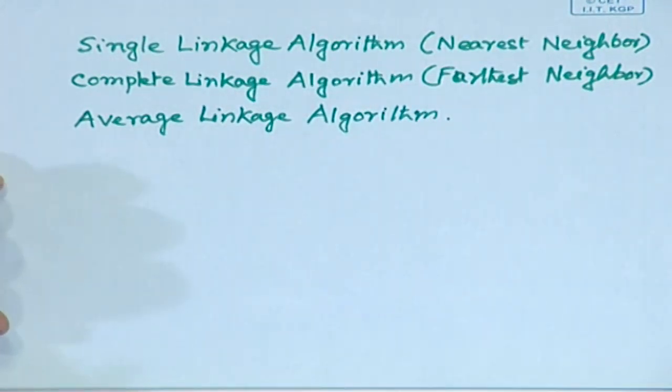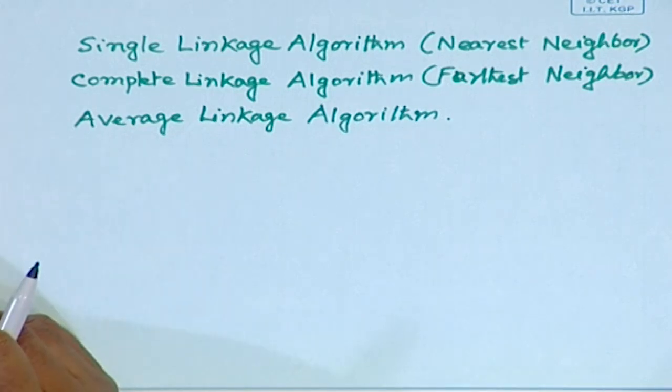Okay. So, what is the single linkage algorithm or the nearest neighbor algorithm? Suppose I have two sets of points, and I find a point from the first set and a point from the second set which are nearest. So, I form every pair of feature vectors with one feature vector from the first set and the other from the second set.